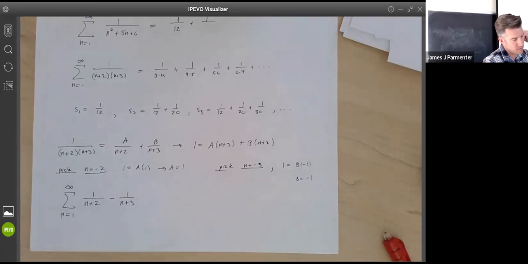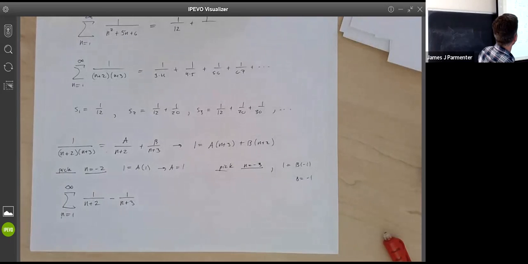My best, not great, answer to that question is experience. I've seen problems like this before. I made up the problem because I definitely knew what I was supposed to be doing. But you will see problems like this where you have 1 over typically a quadratic that factors into an n plus 2 and an n plus 3, or an n plus 3 times an n plus 4, usually two things that are consecutive.